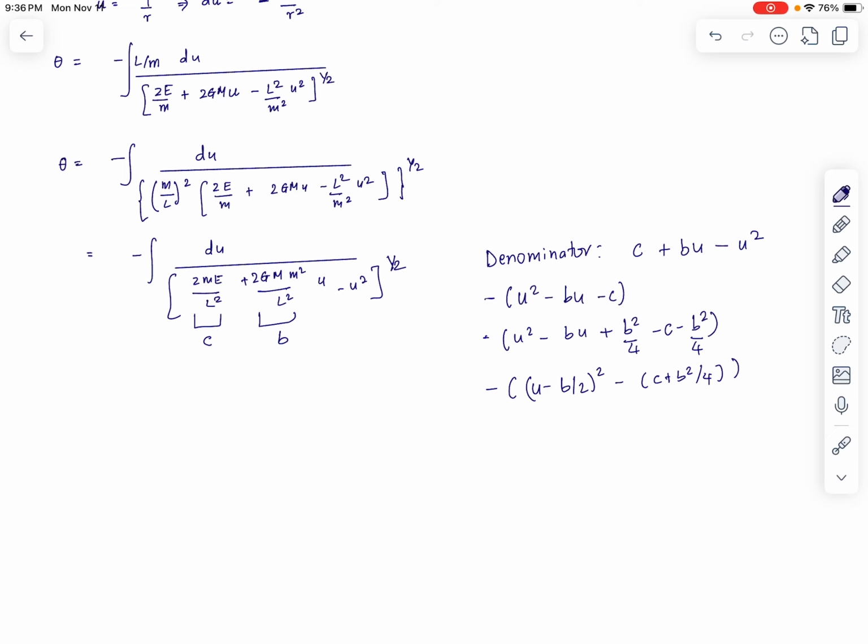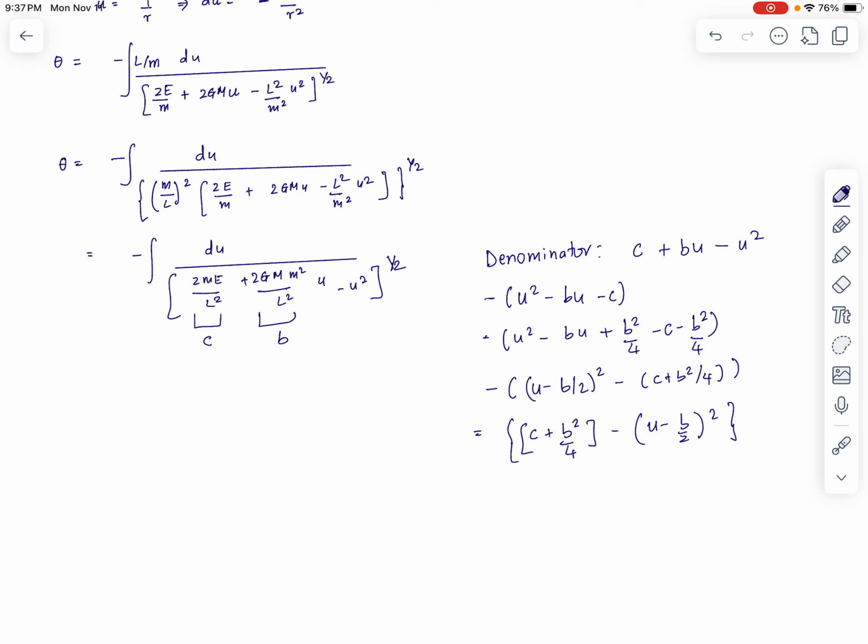So the whole thing becomes c plus b square divided by 4 minus u minus b divided by 2 square. Okay, so what we will do is we will plug this expression in the denominator.